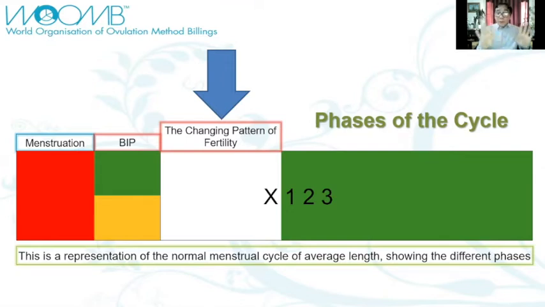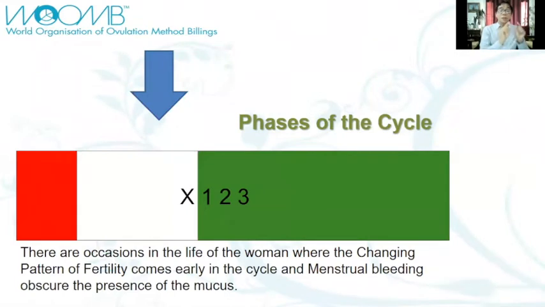If you will look at the slide rule, you will notice that the changing pattern of fertility begins after the basic infertile pattern. But take note of this one, there are occasions in the life of the woman where the changing pattern of fertility comes early in the cycle, no BIP, and menstrual bleeding obscure the presence of the mucus.